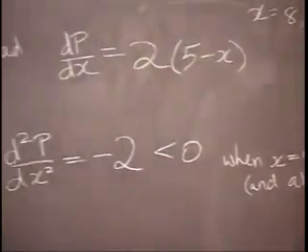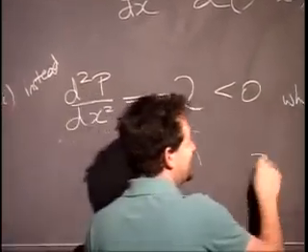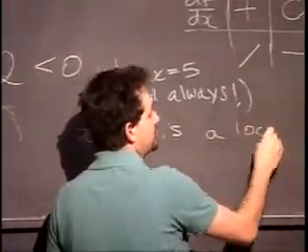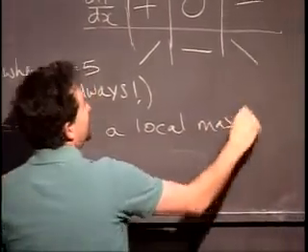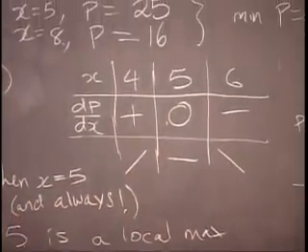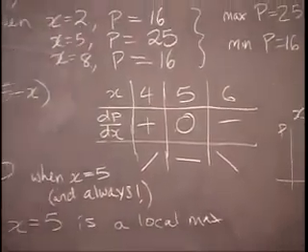The fact that it's negative means it's concave down, which means, again, that x equals 5 is a maximum, a local maximum, again. This only shows a local maximum, but because it's the only maximum, it must be also the global maximum. Right?